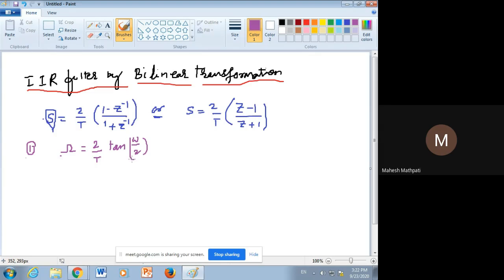Omega equals to 2 by T tan omega by 2. Here this Ω, which we represent as Ohm, we are calling it as analog frequency.